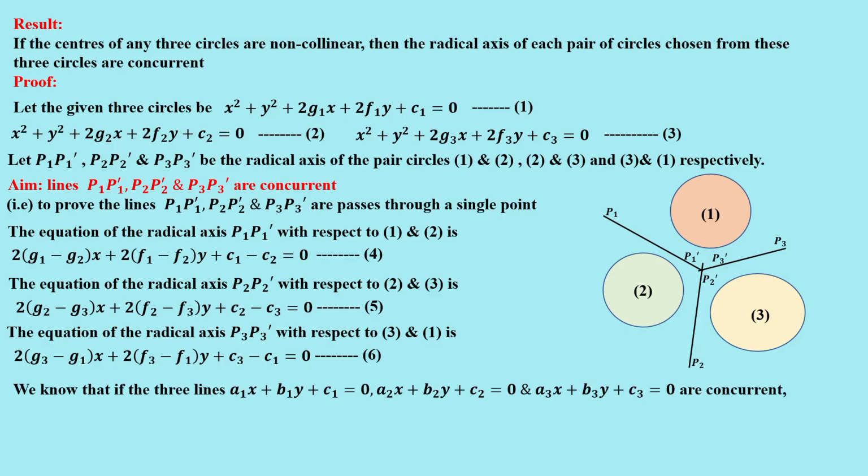We know that the three lines a1x plus b1y plus c1 equal to 0, a2x plus b2y plus c2 equal to 0 and a3x plus b3y plus c3 equal to 0 are concurrent if and only if the determinant value is 0. Take the coefficients: a1 b1 c1 of the first equation, a2 b2 c2 of the second equation, a3 b3 c3 of the third. From equations 4, 5 and 6 we take the coefficients of x, y and the constant term.